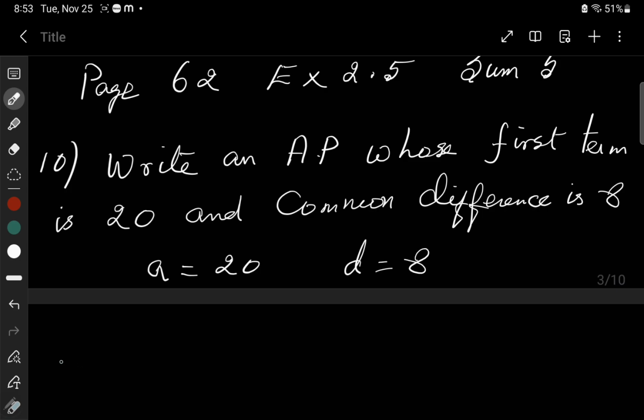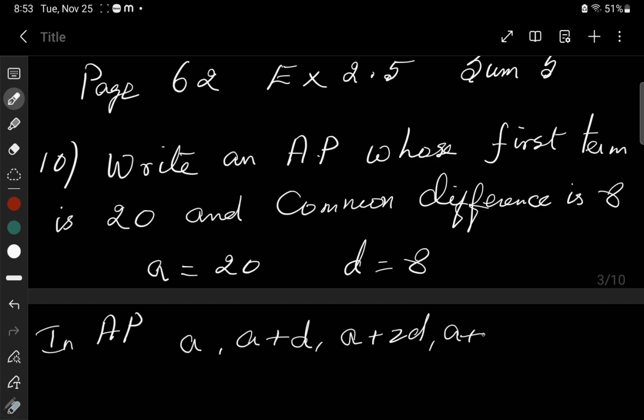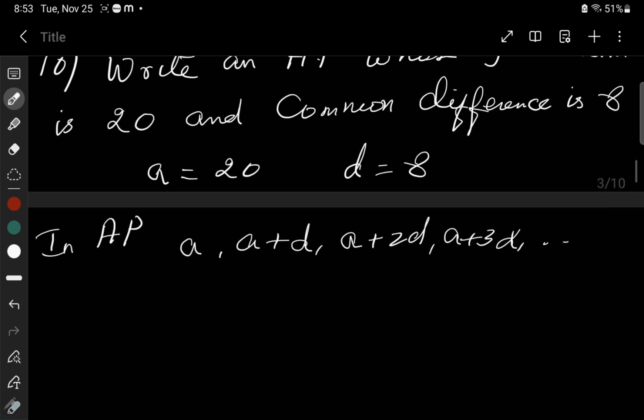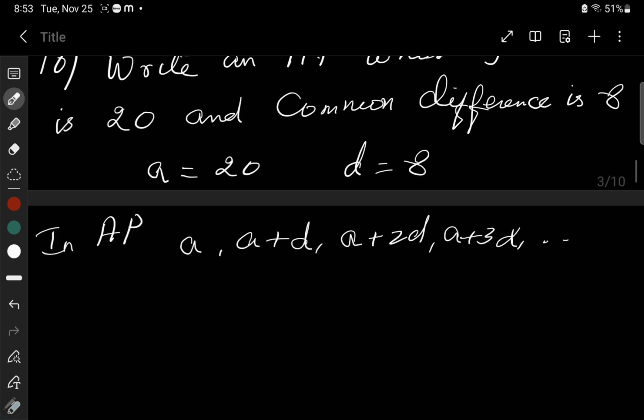When you take the sequence in AP, you will get the sequence as A, A plus D, and one more D we add, A plus 2D, then A plus 3D and so on. So here in this case A is 20; with 20 I am adding D, A plus D, 20 plus 8, 28.